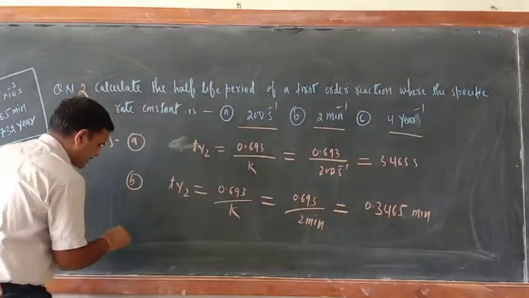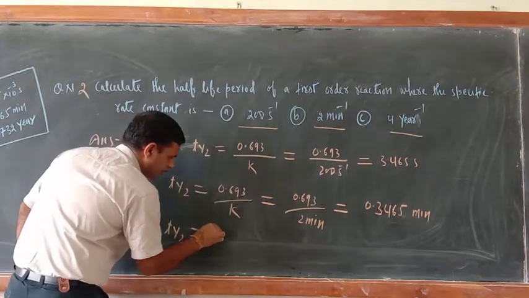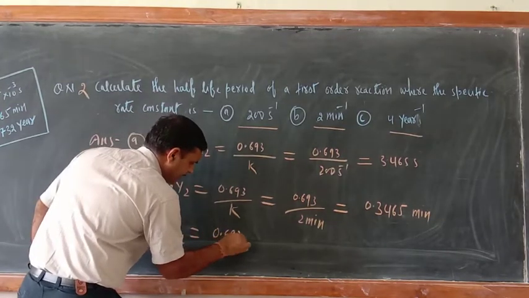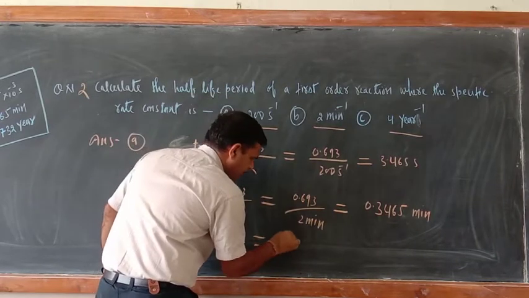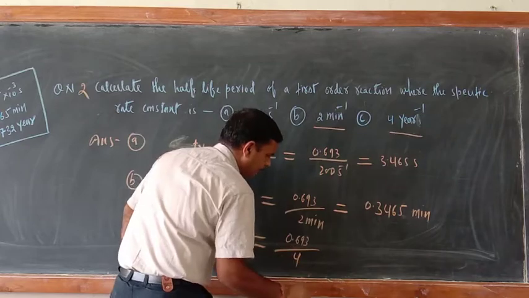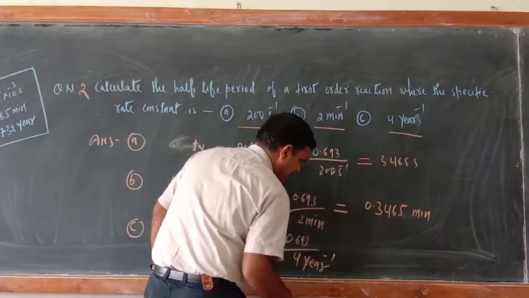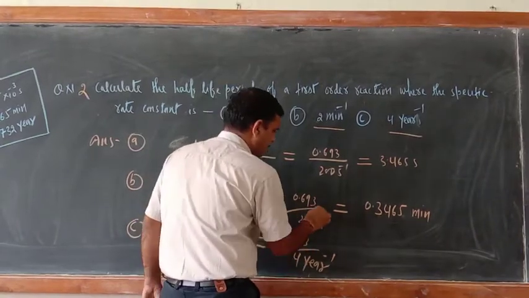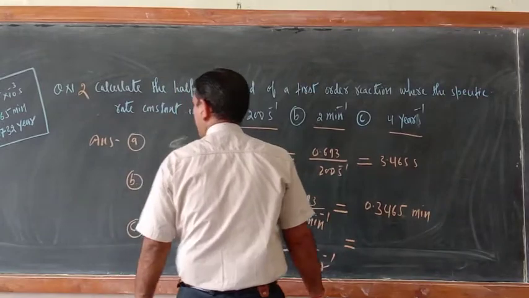Similarly, for C, T half equals 0.693 divided by K, that is 0.693 divided by 4 year inverse. Here also minute inverse, here second inverse.